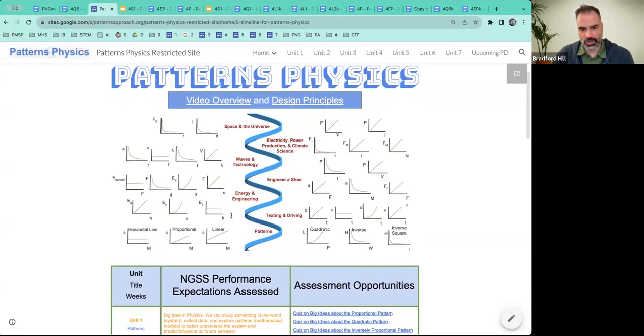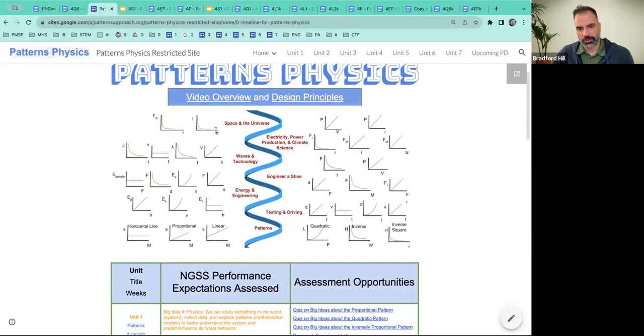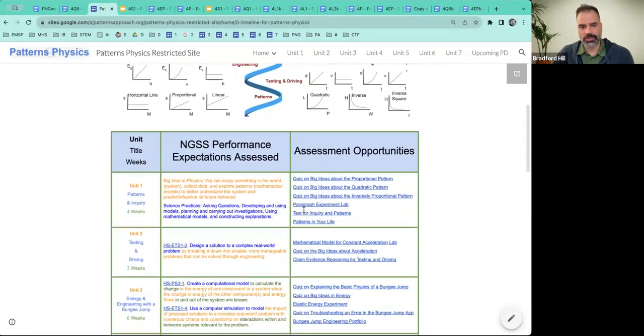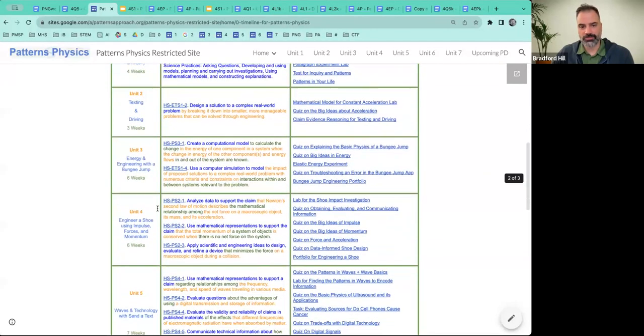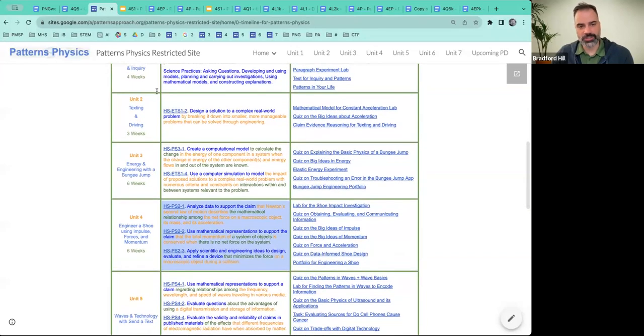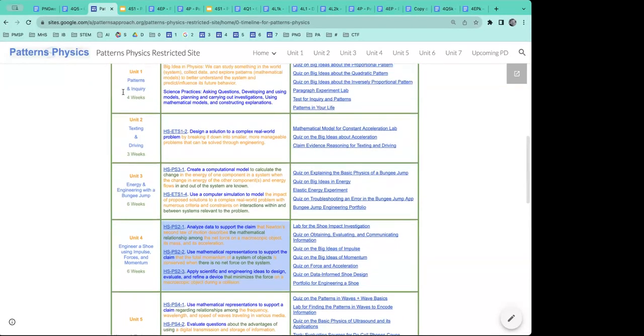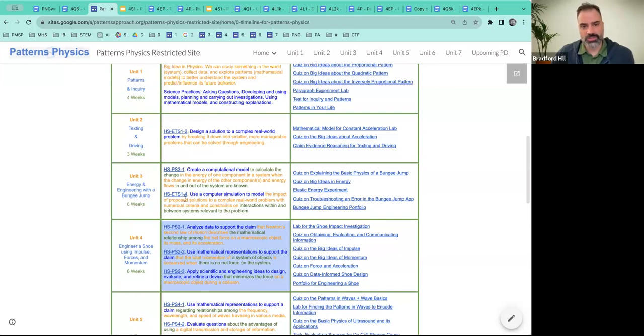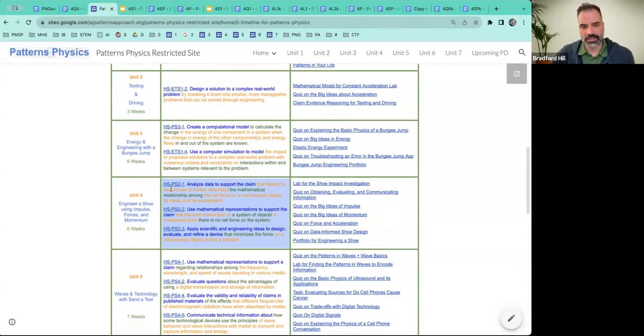That gives you the overview of the whole year as a visual overview, but we are now in unit 4, and really starting to pick up the performance expectations. That is a little slow, but these performance expectations are really meant for the end of the high school grade band. We found that it did take some time to thoughtfully build student skills up, but you can see now that we have 3 performance expectations.